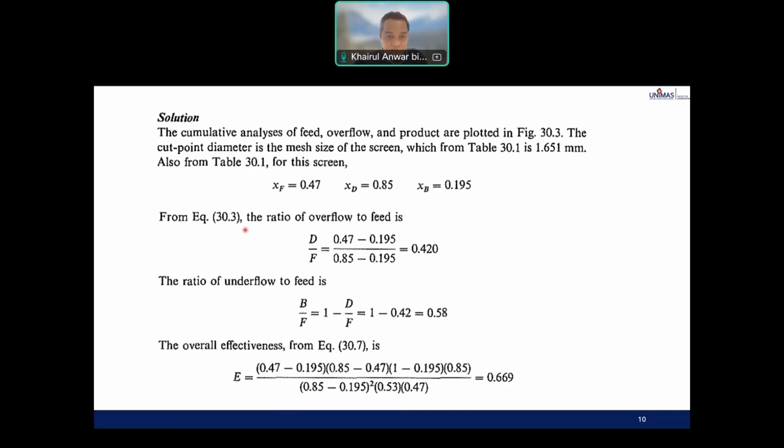So from equation 30.3, D over F equals 0.42.